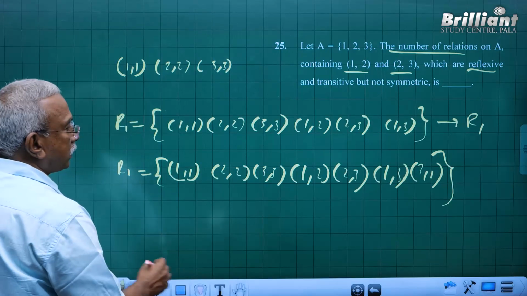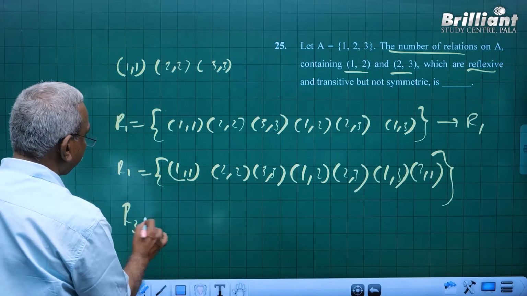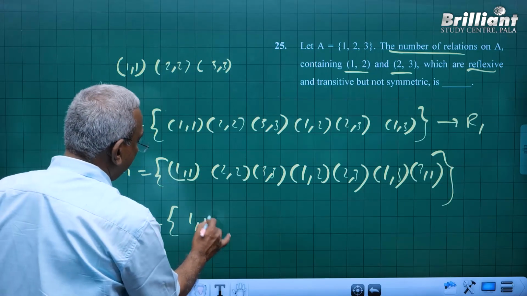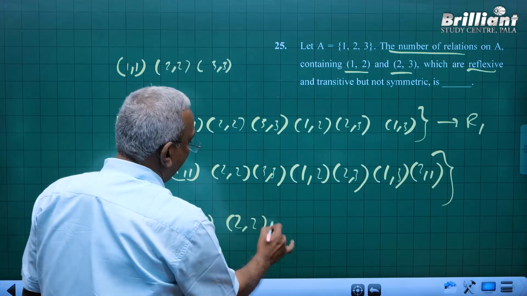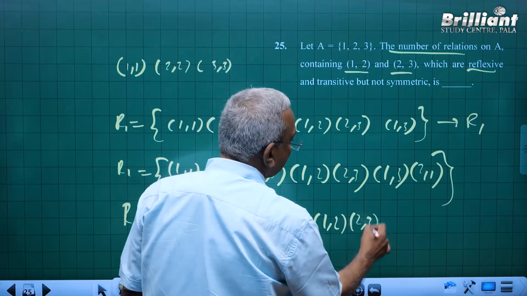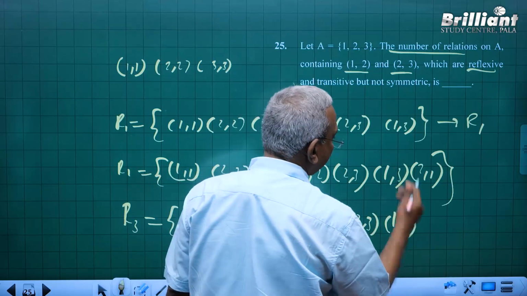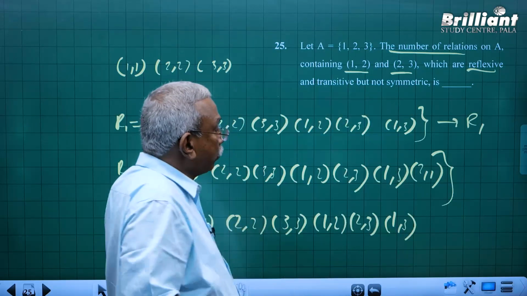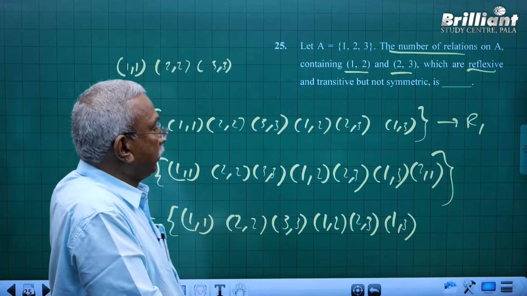Now along with this R3, (1, 1), (2, 2) and (3, 3). And again (1, 2) should be there, (2, 3) should be there, along with (1, 3). And instead of (2, 1), I replace (3, 2).